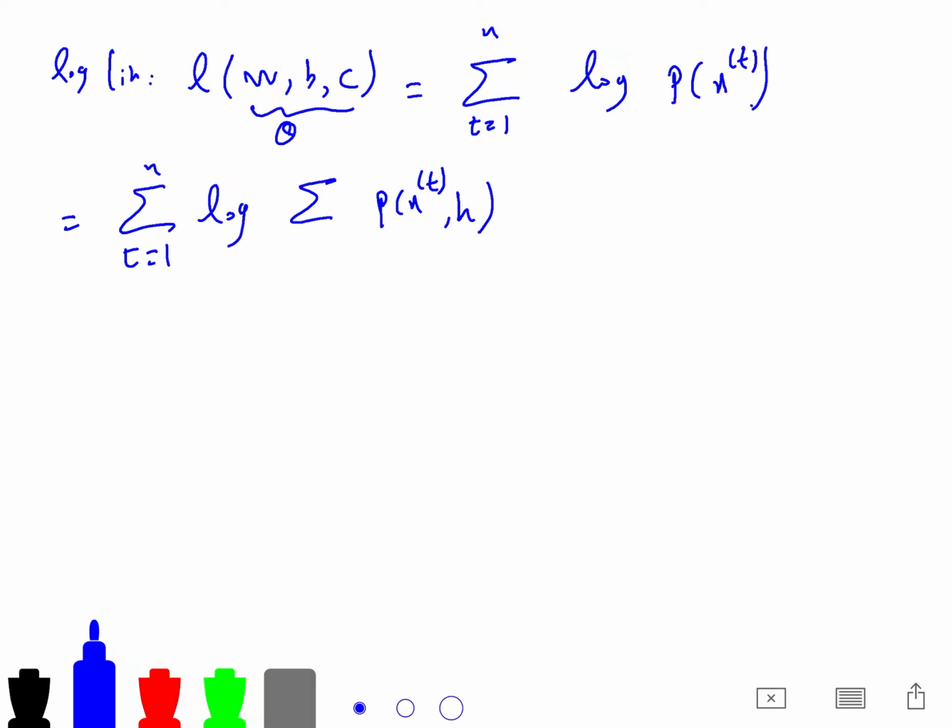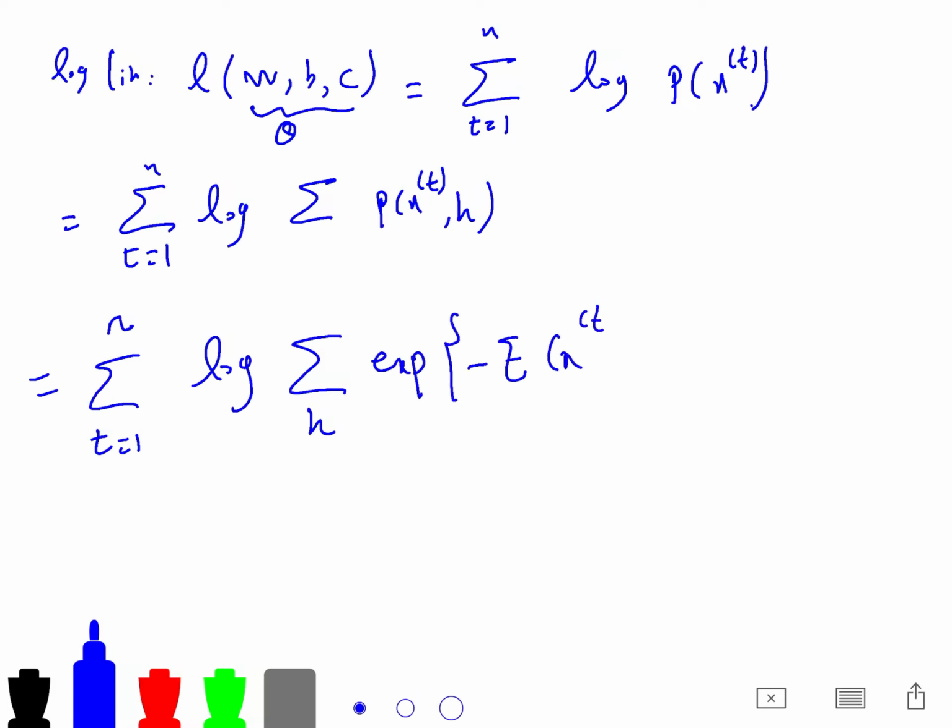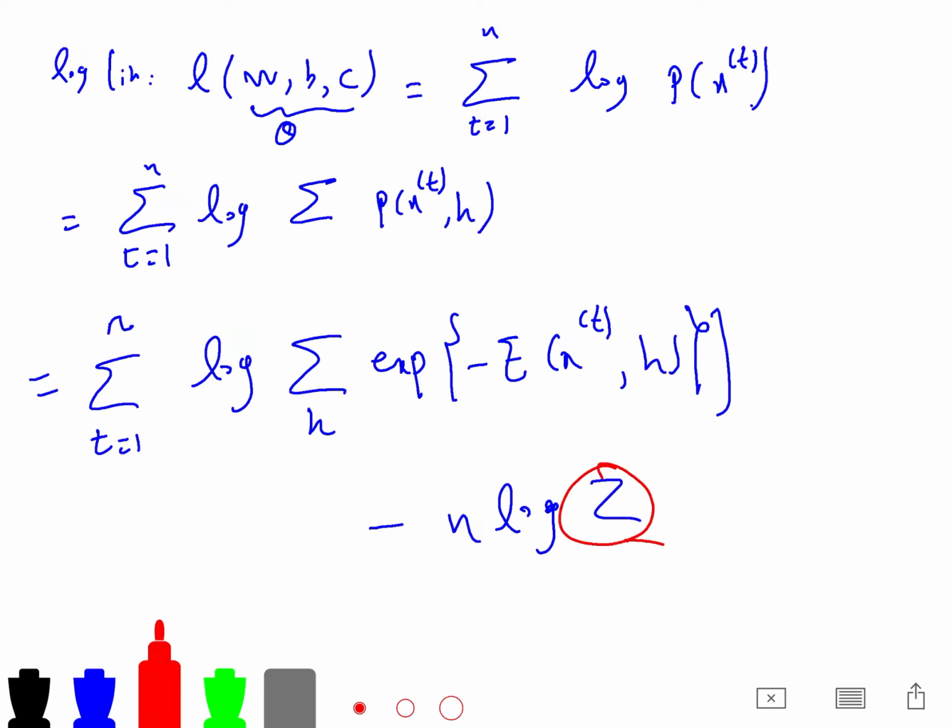You can simplify this to the sum over t from 1 to n of log of e to the minus energy of x_t and h, minus n log of Z. And as I said before, Z is the summation of e to the minus energy of x and h.